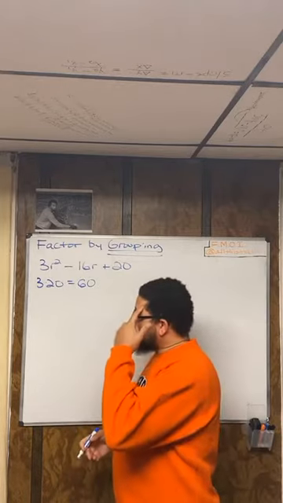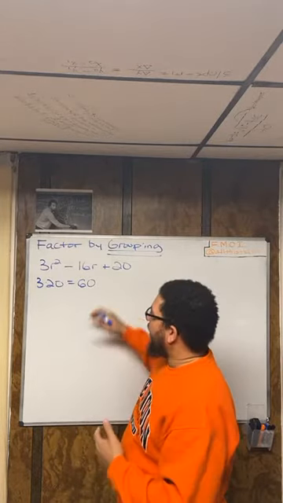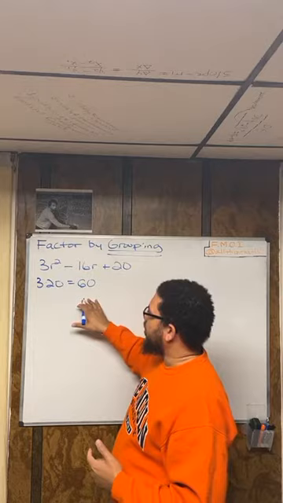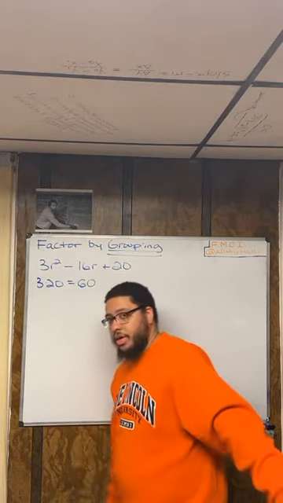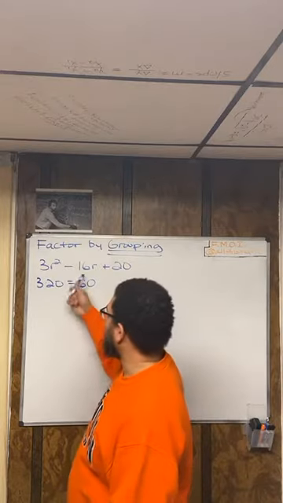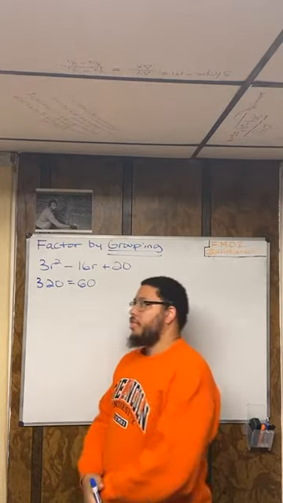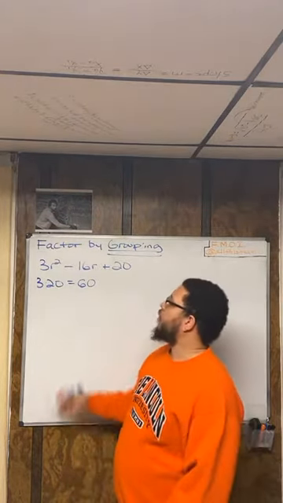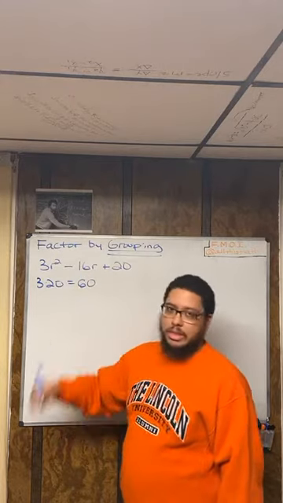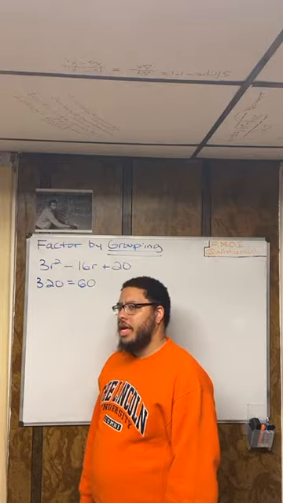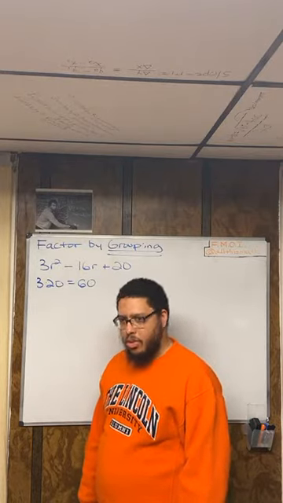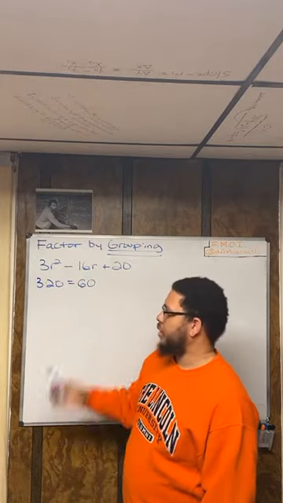Because what you need to think about right now is, what are the 2 factors of 60 that add up to negative 16? Are they 20 and 3? No, because 20 plus 3 doesn't equal 16. Are they 60 and 1? No, because 60 plus 1 doesn't equal 16. Are they 15 and 4? No, because 15 plus 4 doesn't equal 16.